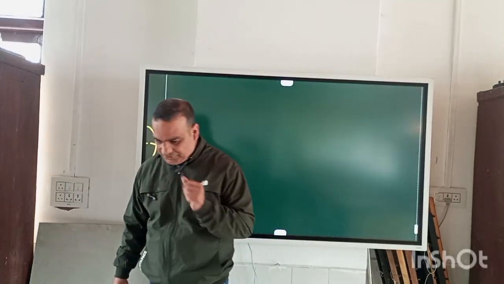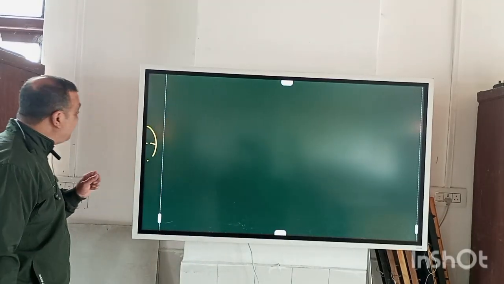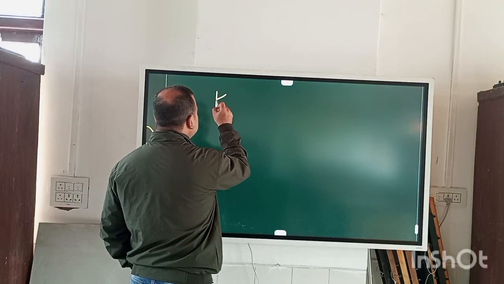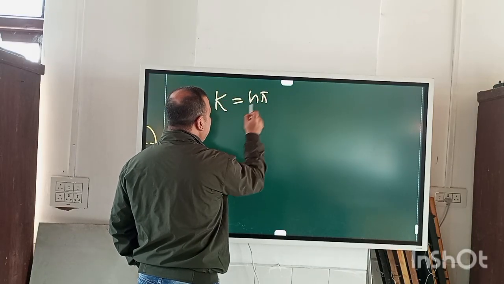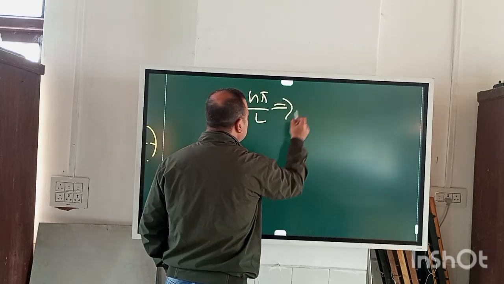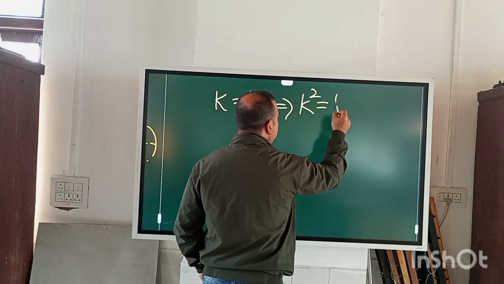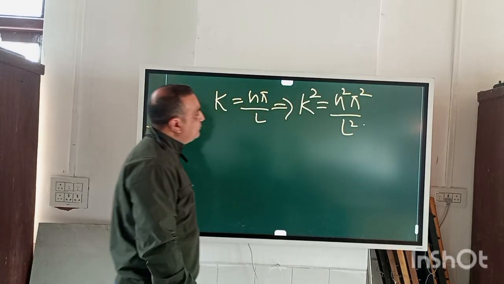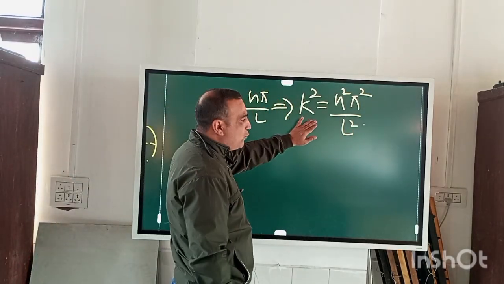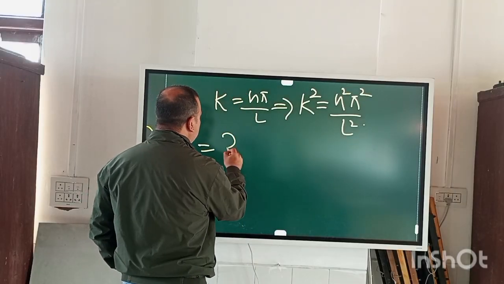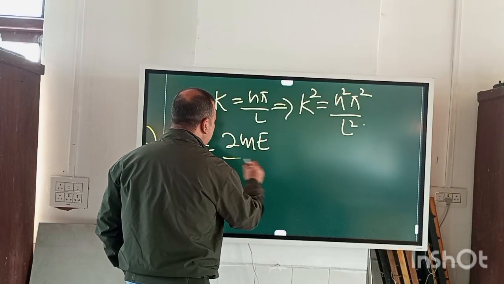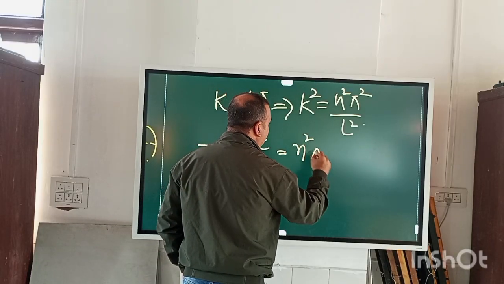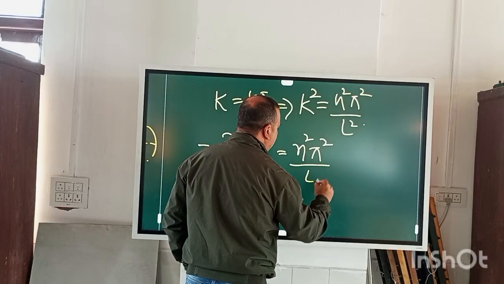So if I have calculated k, and k is n pi by L, what will be k squared? k squared will be n squared pi squared by L squared. But this k squared is 2mE by h cross squared. So 2mE by h cross squared will be equal to n squared pi squared by L squared.